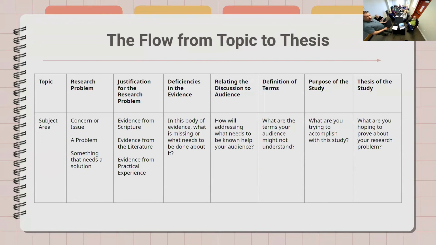The deficiency is the body of evidence: what is missing, or what needs to be done about it. Relating the discussion to the audience: who am I addressing? Who's going to read this thing? Definition of terms: what terms does the audience need to know, or need to know how you're defining something? The purpose: what is it you're trying to accomplish, and what is your thesis? What are you hoping to prove? Okay.